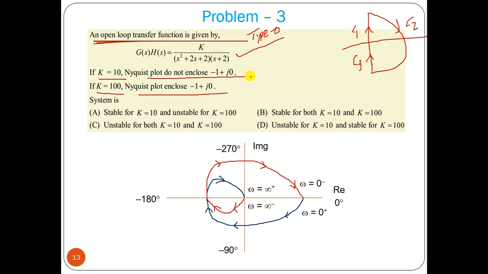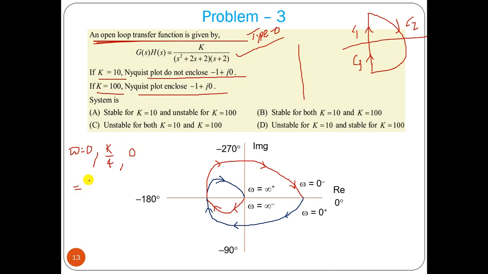For C1, if we find the magnitude by putting omega equal to 0 in this equation, the magnitude will be k by 4 and the angle will be 0.